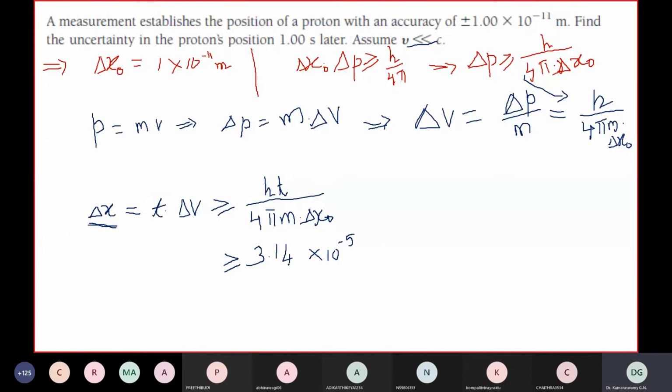Can we check the 10 powers once again? See here. H is 10 to the power of minus 34, right? M is 10 to the power of minus 27, and 10 to the power of minus 11. So it has to be a positive value. This is a negative value. It cannot be a negative value. Check again.